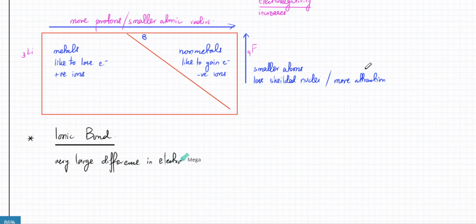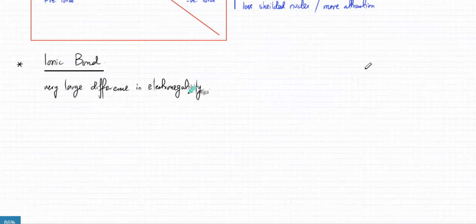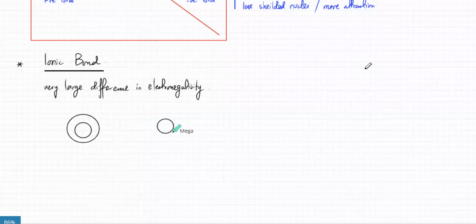So when you have a very large difference in electronegativity. So here's an example. Let's talk about lithium and fluorine. Now lithium had just two shells. Fluorine also had two shells. So both atoms had the same number of shells.